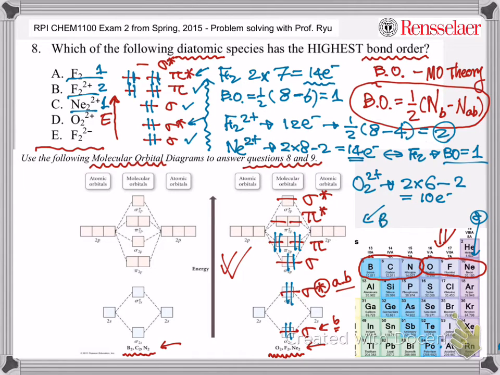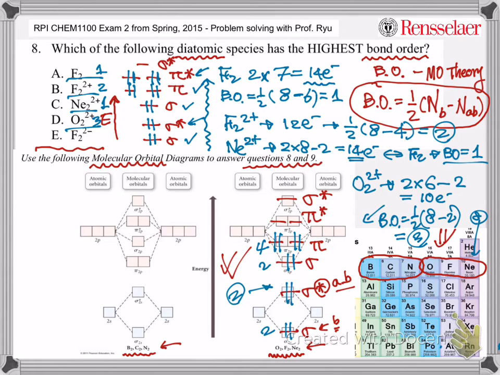So the bond order here is, if I count this, I have 2 here, 2 here, 4. Overall, again 8 electrons in the bonding orbitals, whereas for the anti-bonding, I have 2 and nothing else. So the bond order here is 3.